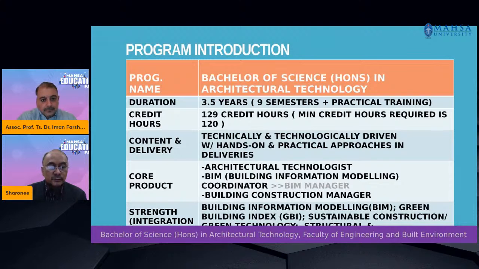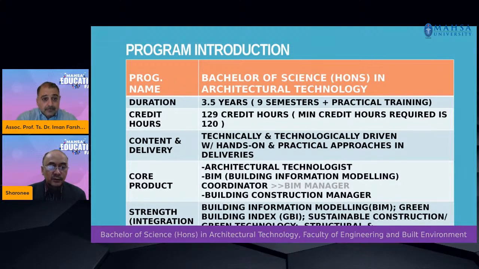We are also targeting to produce a BIM manager. After you graduate, you cannot immediately become a BIM manager. You become a BIM coordinator at one stage, and after a few years of experience, you can be a manager. Then you find there's a tremendous difference in terms of career opportunity, in terms of the salary scheme and whatnot.